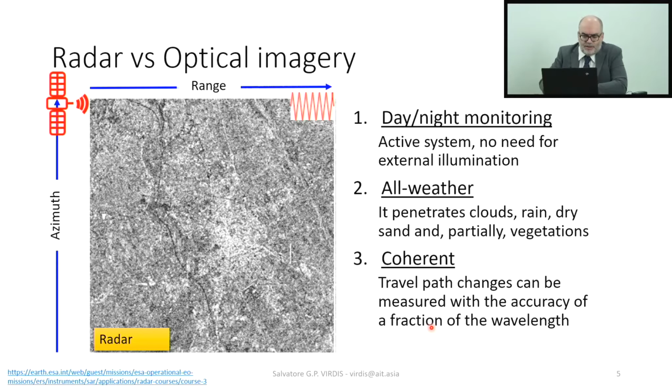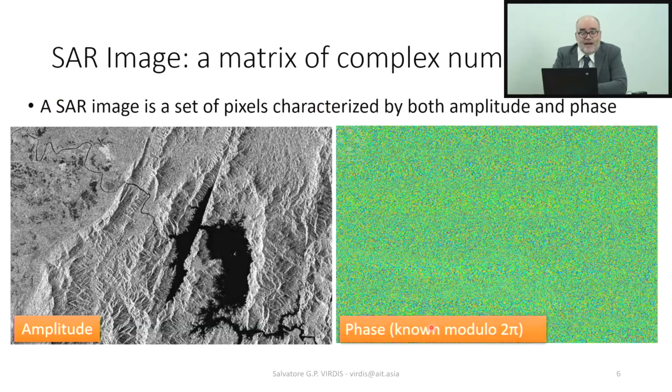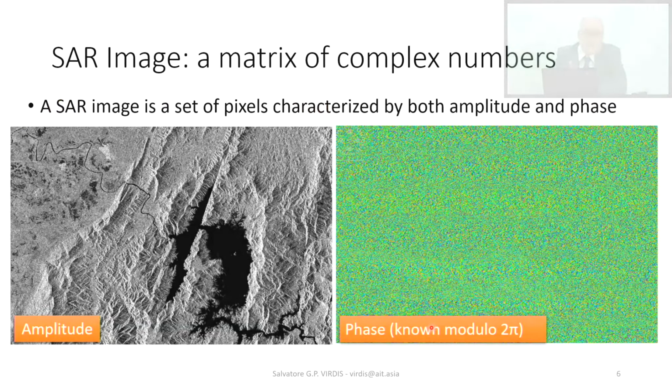So what is the product of a SAR satellite? The product of a SAR satellite is basically two products: the amplitude and the phase of the backscatter signal. The amplitude of a SAR image is very similar to an optical image.